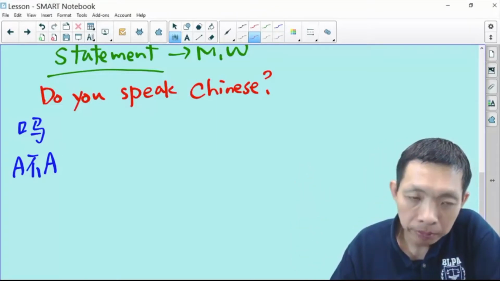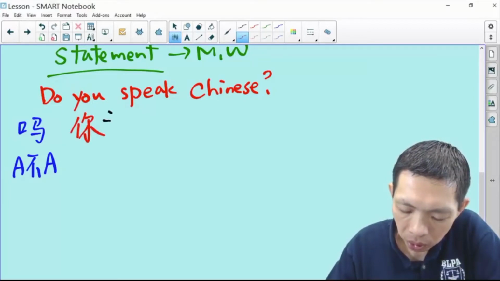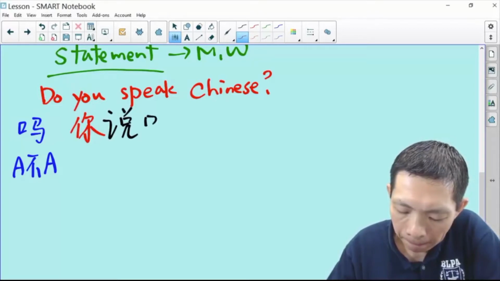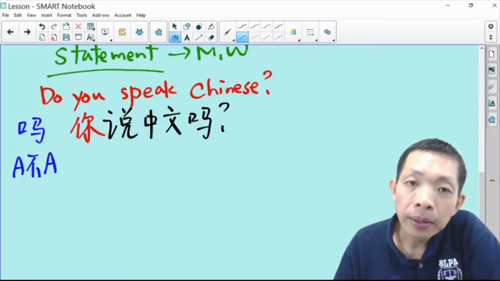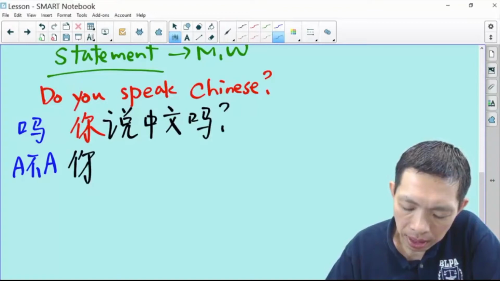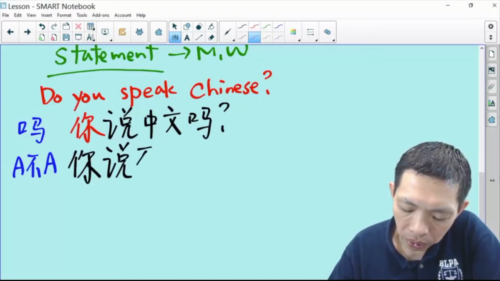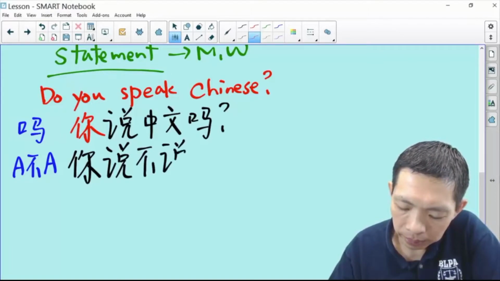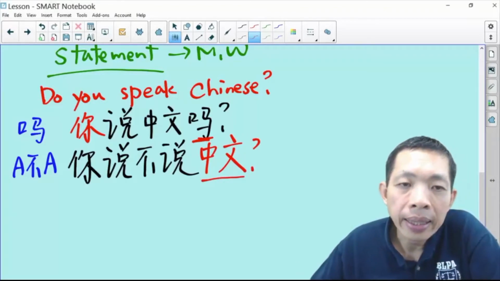Okay, the first option is what? 你说中文吗? The second option, the ABA structure, is 你 and 说 is the verb. What's the negative? 不说. And then 中文. Keep in mind, if you use the ABA, you do not use ma at the end.